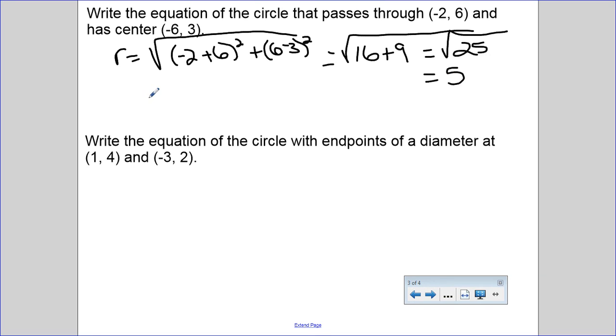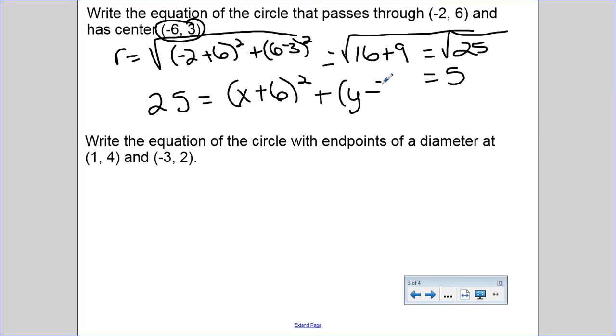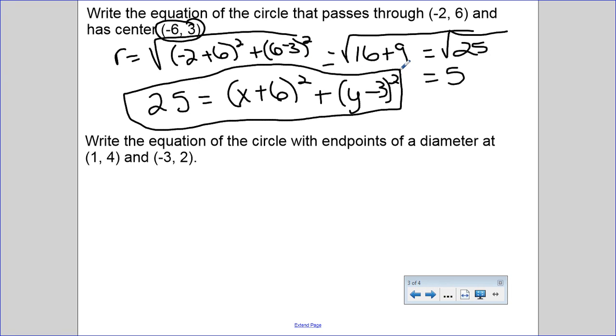So radius squared, 25, equals (x minus -6), my center is right here (-6, 3), so x plus 6, squared, plus (y minus 3) squared. Okay, so here is the equation of your circle.